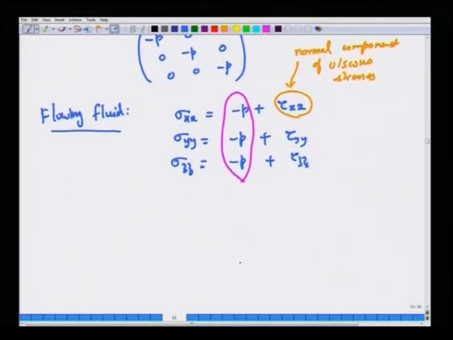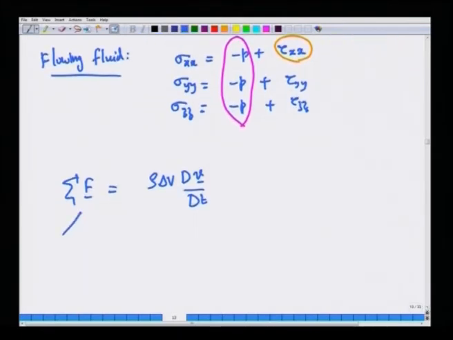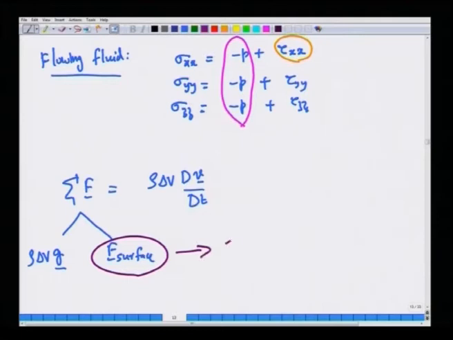Now, recall that the momentum balance that we wrote was the summation of all forces is rho delta v times dv dt. This force has two components, the body force, which is rho delta v times g, plus the surface force, and it is in the quest of what the surface forces are that we went into the notion of the stress tensor in detail.